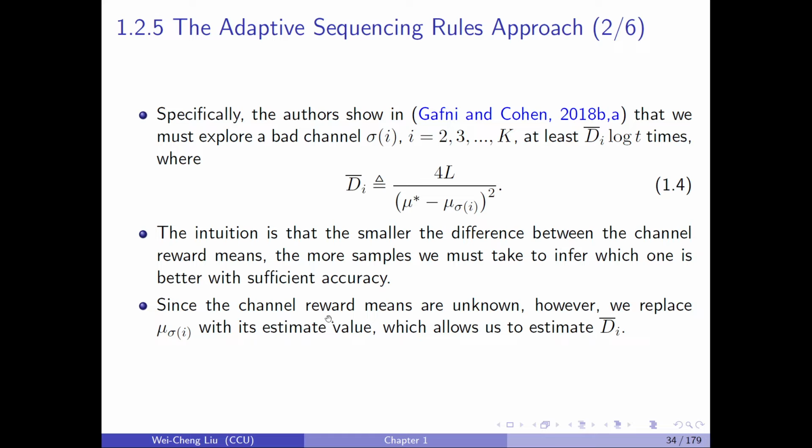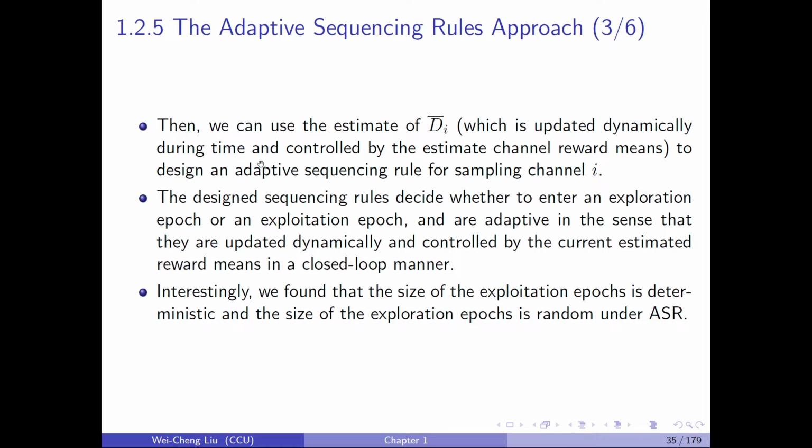Since the channel reward means are unknown, however, we replace mu sigma of i with its estimated value, which allows us to estimate d bar i. Then we can use the estimate of d bar i, which is updated dynamically over time and controlled by the estimated channel reward means, to design an adaptive sequencing rule for sampling channel i.